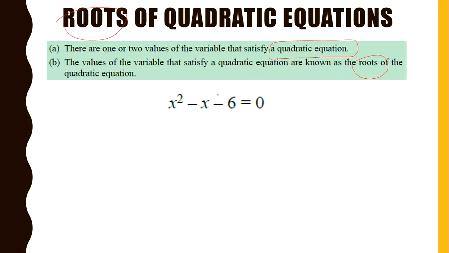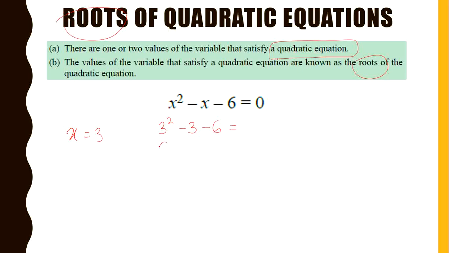Okay, apa maksudnya? Okay, let's say here we try substitute x equals to 3. Okay, daripada quadratic equation ni kita cuba substitute 3 jadi x ni. Kita gantikan x ni dengan 3. Okay, dapat tak? Kita tengok 3 square minus 3 minus 6. Cuba tengok betul ke tak? Dapat 0.